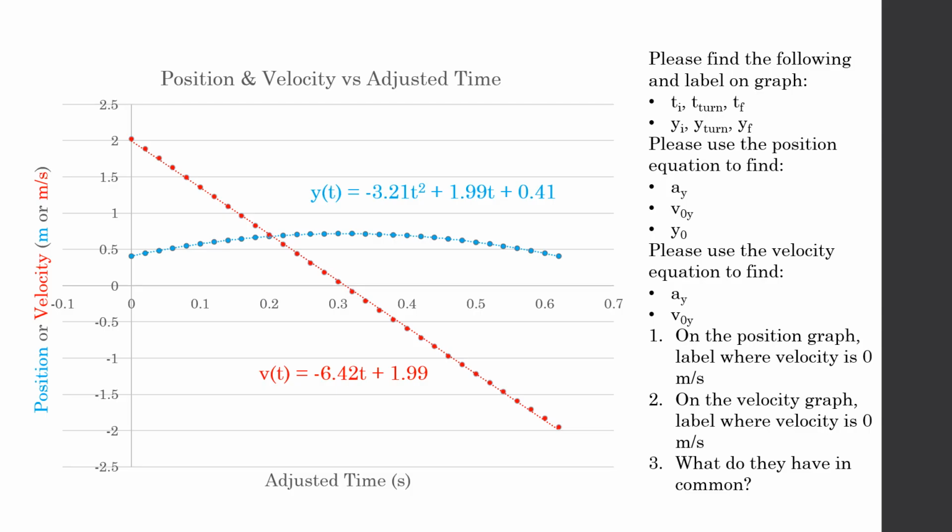So as you can see here, I have a position and velocity versus adjusted time graph. The y-axis is being shared by both position and velocity, but on the x-axis, we just have adjusted time.